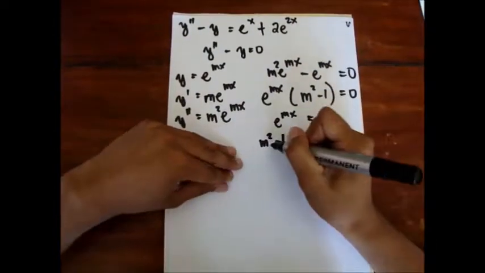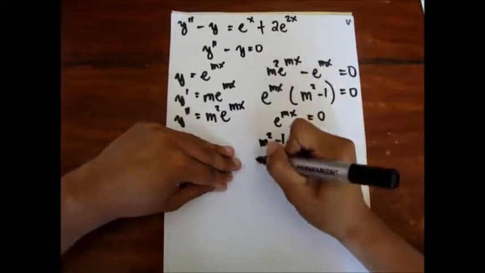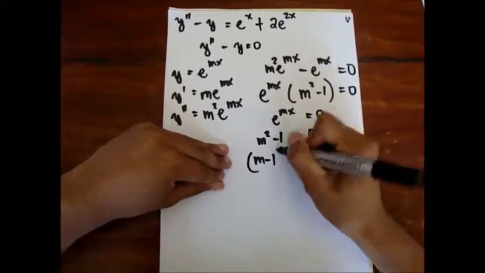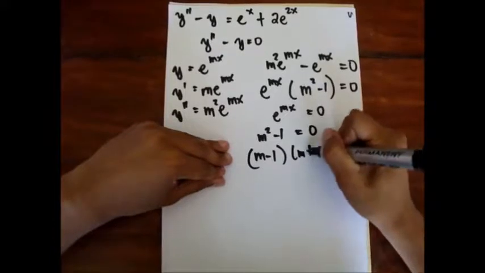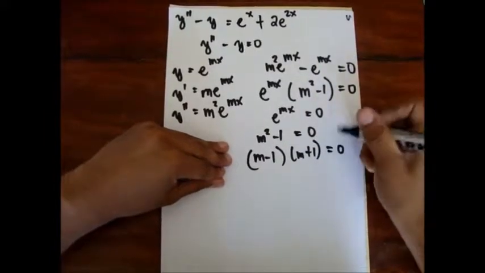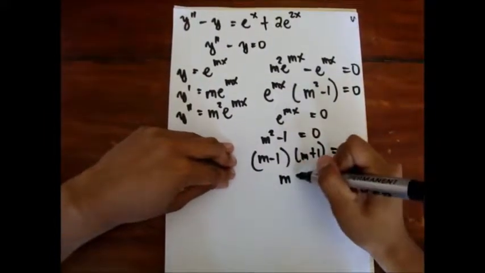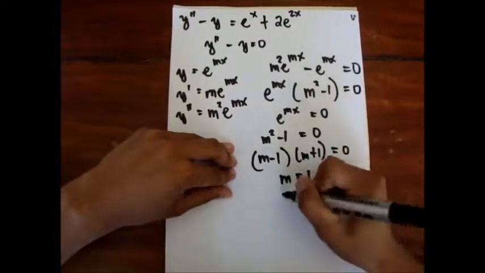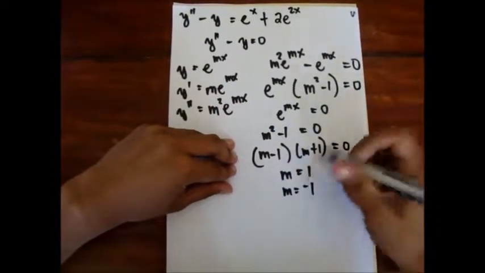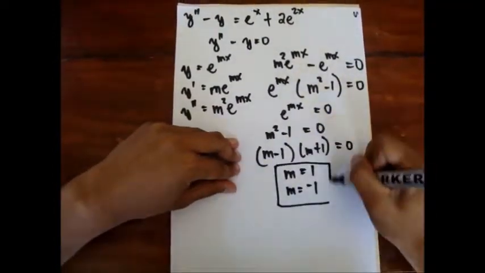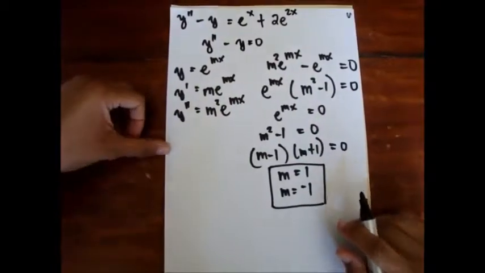We will factor out this. So m minus 1, m plus 1 equals 0. So our roots are m equals 1 and m equals negative 1, using case 1, real distinct roots.